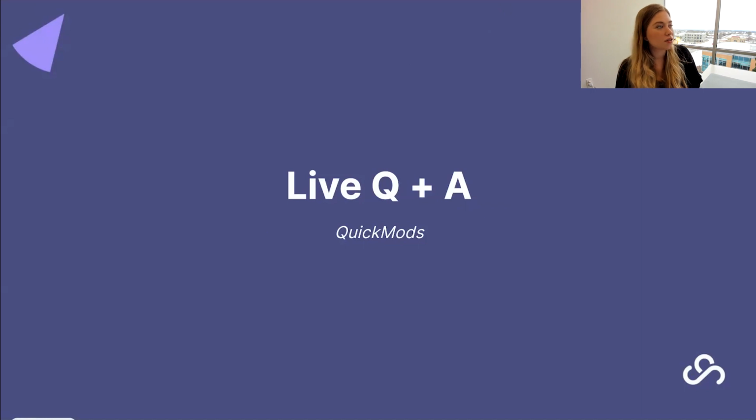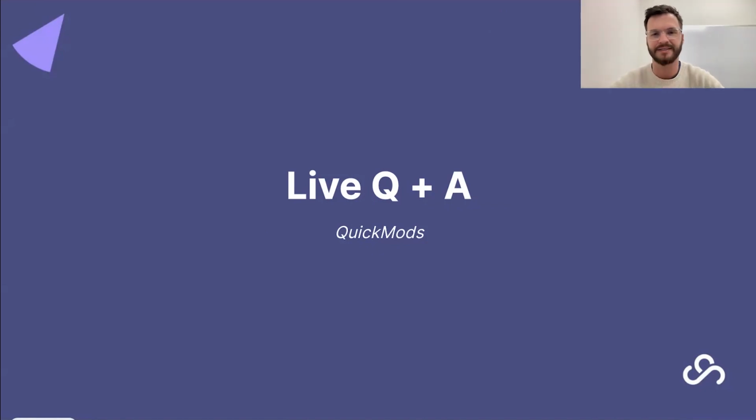QuickMods I was not aware of until today, so sounds like it's new. It's news to everyone. Yeah. I guess it warms our heart to know that we're helping. But maybe that's a skewed sample size too.